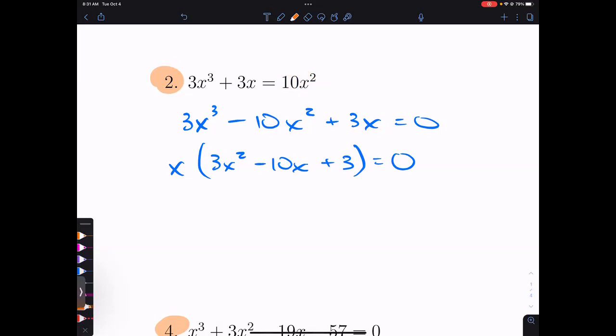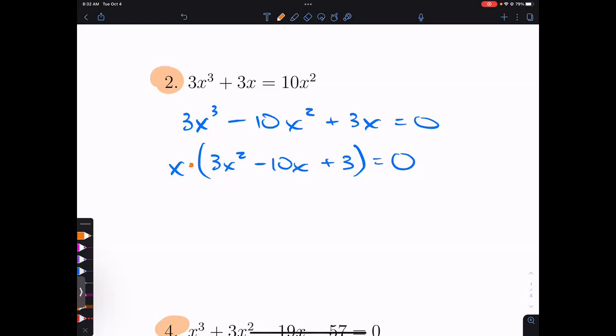I stuck it in the middle so things are in descending order. That's not super important. Then everything has a common factor of x, so take it out. You're looking at x times a quadratic equal to 0.